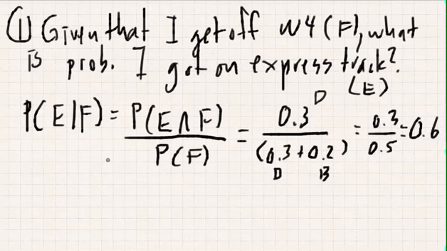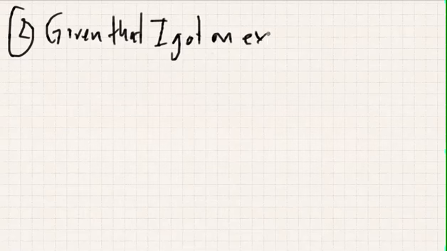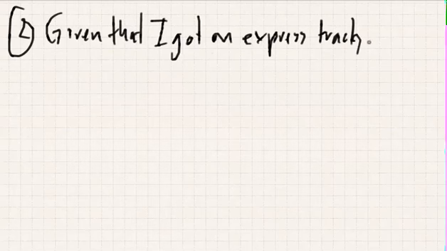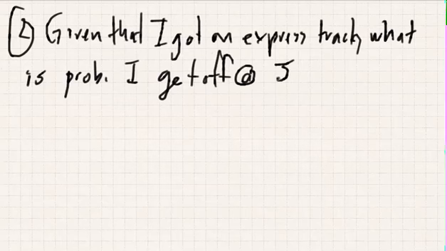Okay, let's ask a sort of backwards question. Let's say given that I got on the express track, what is the probability I get off at J Street?